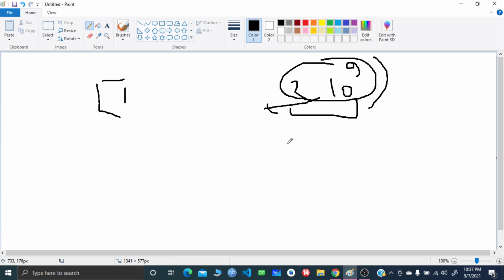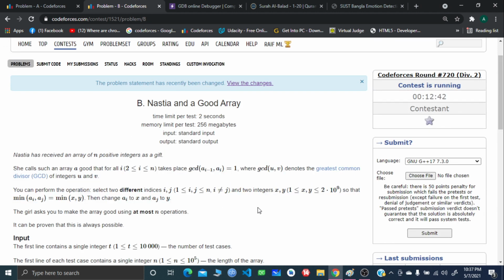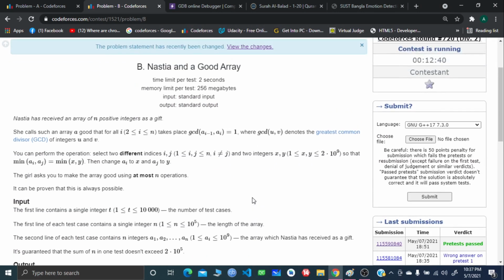Because in this problem, what we had to do was basically we're given an array and we have to make this array good. Now, how are we going to make this array good? The definition of good is that each and every adjacent two values' GCD, the greatest common divisor, should be equal to 1, which means they should be coprime.